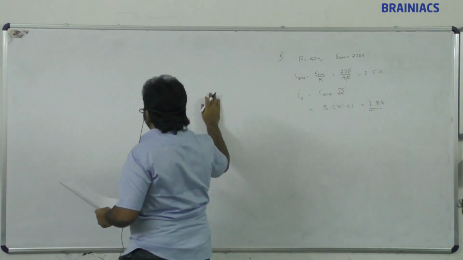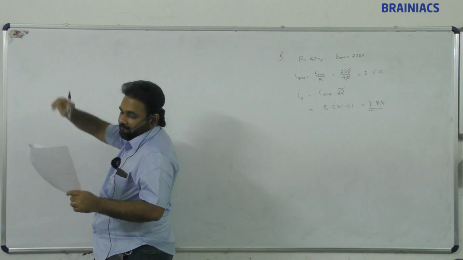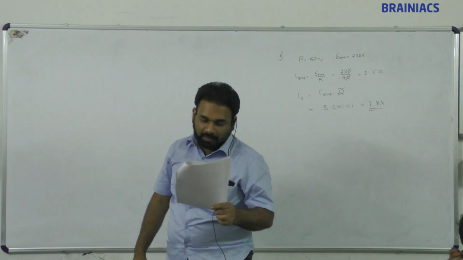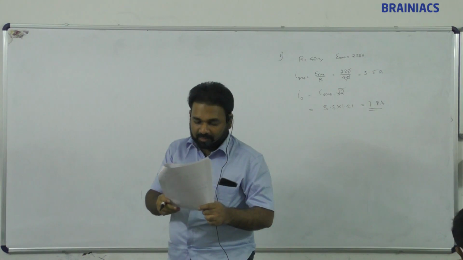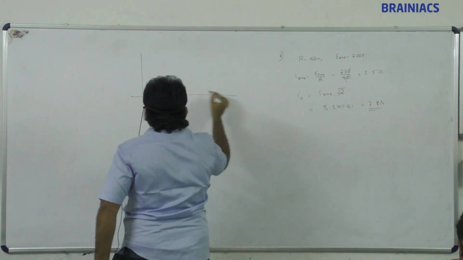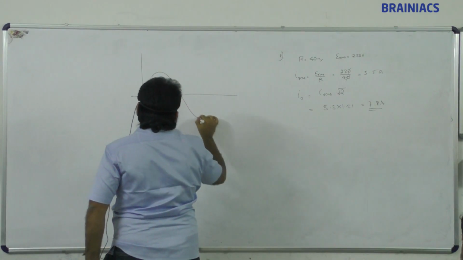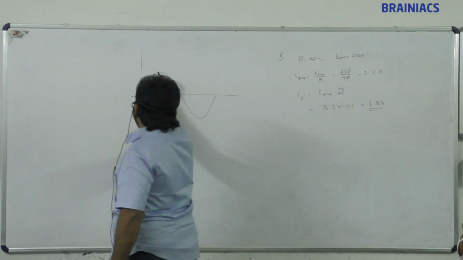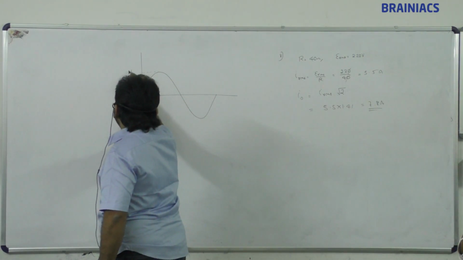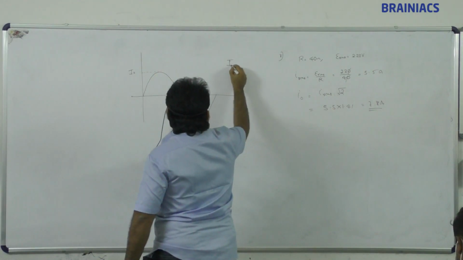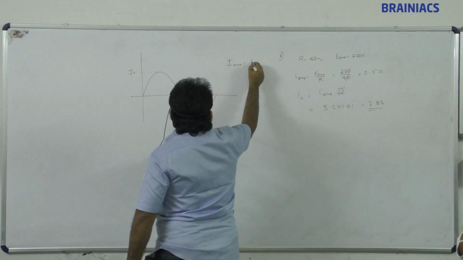Right, children? So in this question, this is a good question. Third part is a good question. Time taken by the current to change from its RMS value to the maximum value. Say for example, now if this is the current, definitely we know that this is going to be I naught. IRMS is what?